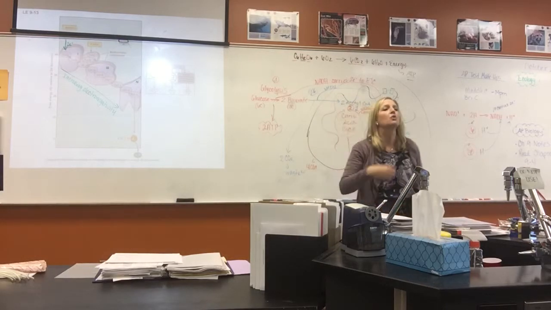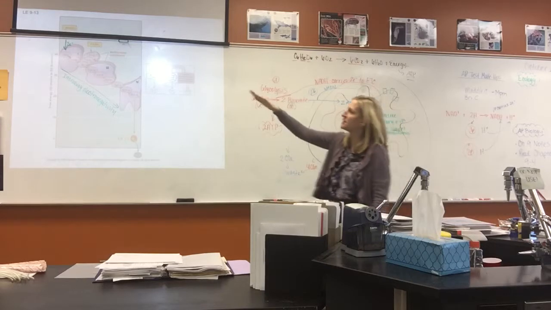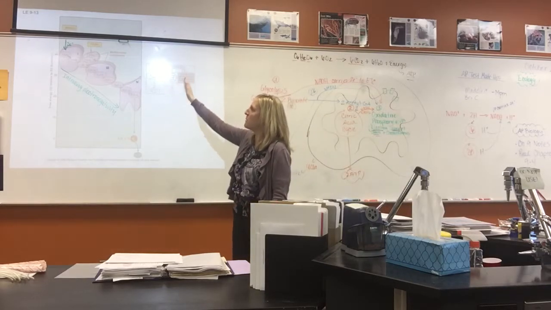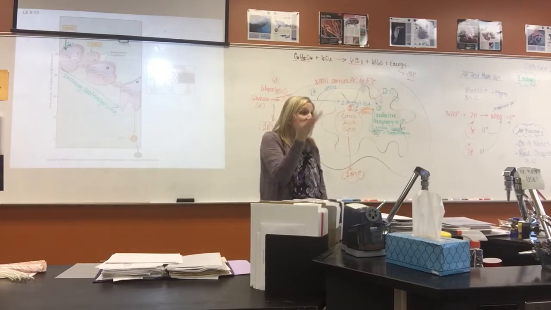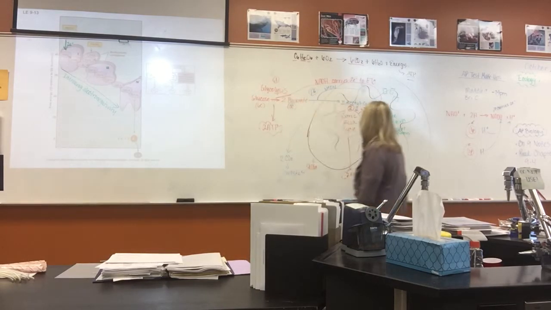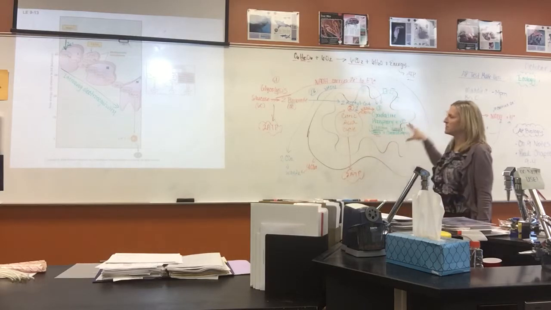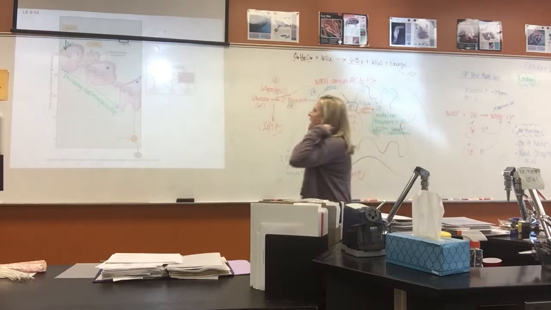Redox reactions release energy. And so as these electrons are passed from molecule to molecule in the electron transport chain, it releases a little bit of energy at a time, and that energy is what's going to be used to make ATP, and to make the most ATP in this third step here.